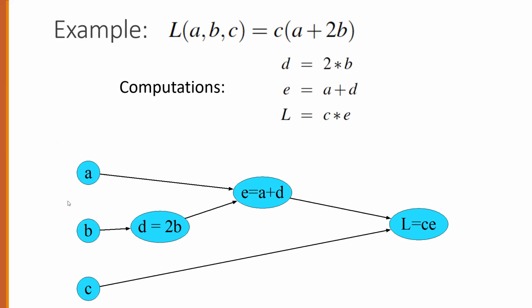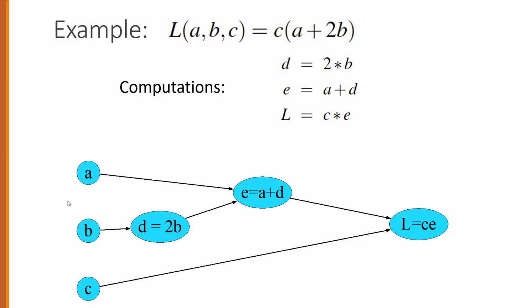If we make each of the component addition and multiplication operations explicit and add names d and e for the intermediate outputs, the resulting series of computations is d = 2b, e = a + d, and L = c times e. We can now represent this as a graph with nodes for each operation and directed edges showing the outputs from each operation into the inputs to the next.